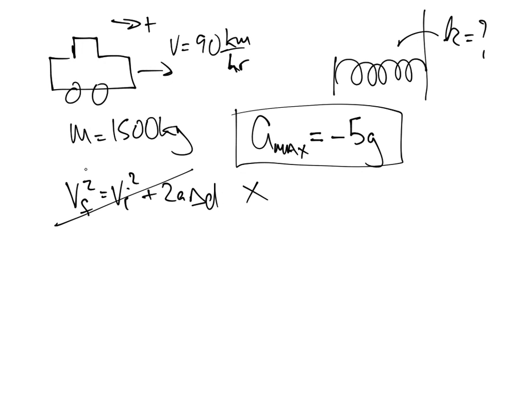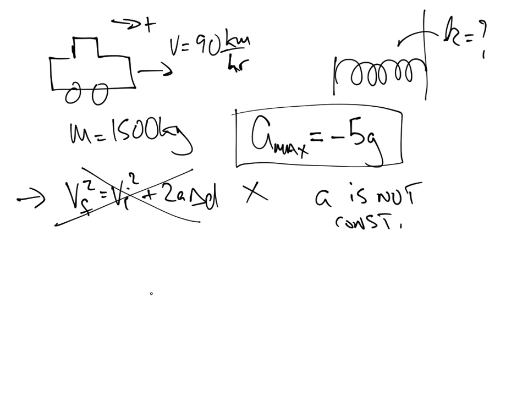The reason why this is wrong in this case is because the acceleration of the car is not constant. Therefore, you cannot use these types of constant acceleration kinematics equations.